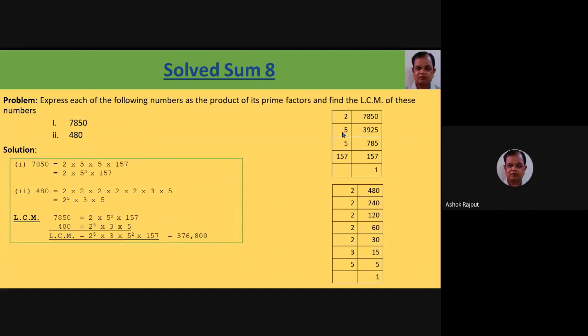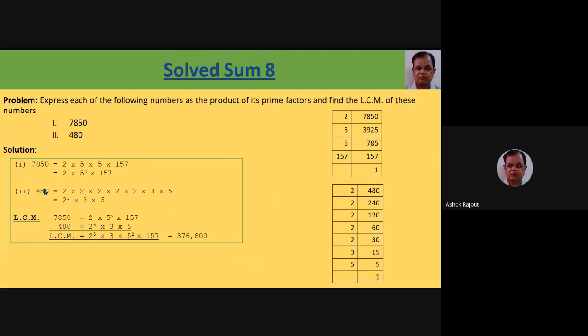Here we have divided by 2. Here is a typing mistake. Then 5 5s, 5 7s, 5 8s, then 5 5s, then 157 equal to 157 by 1.